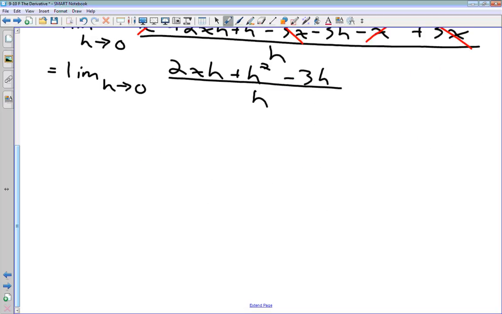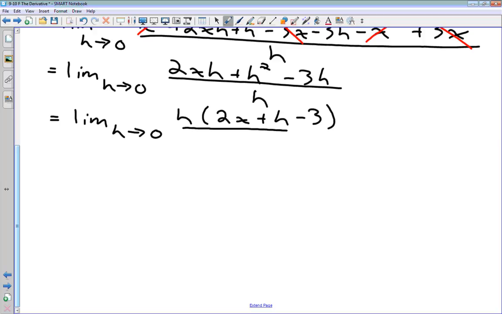I've got an h that is common to all of those terms, so I'm still taking the limit as h goes to 0. Let's factor out that h. 2x plus h minus 3. Okay, so h times (2x plus h minus 3), all divided by h. And then I can cancel that h out in my numerator and in my denominator.